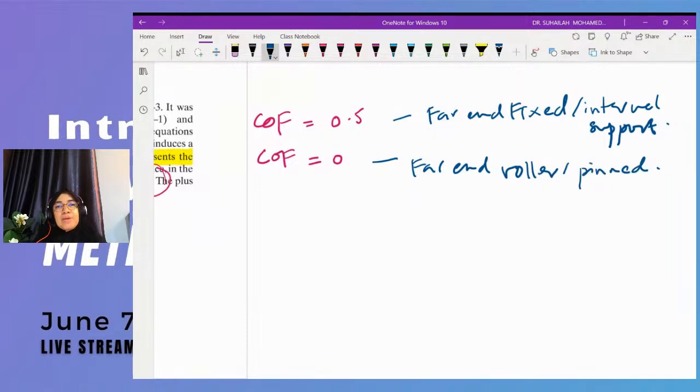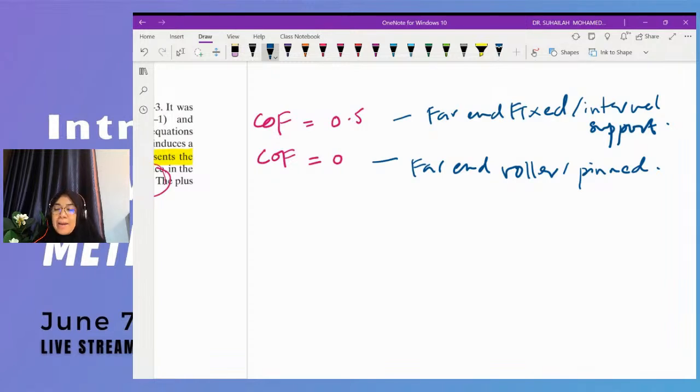The carryover factor is 0.5 for far end fixed, and for internal support, because internal we always assume it as fixed end. So all internal moments, when we do balancing, we have to multiply by 0.5.